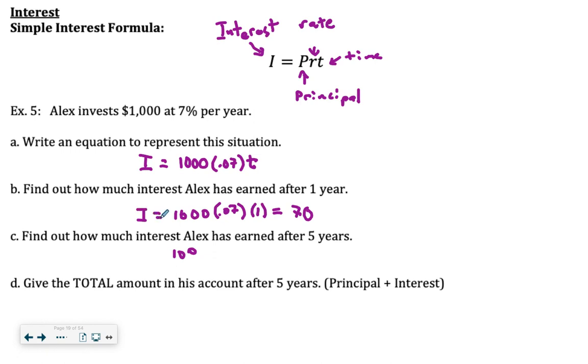So after 1 year, $70 in interest. After 5 years, do the same thing. And hopefully this makes sense that after 5 years, 1,000 times 0.07 times 5, well, it's just going to be this amount times 5. So this is going to end up being 350.